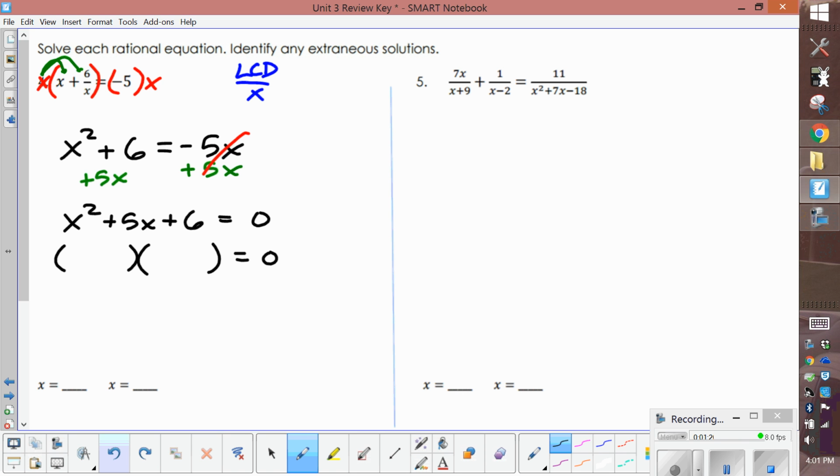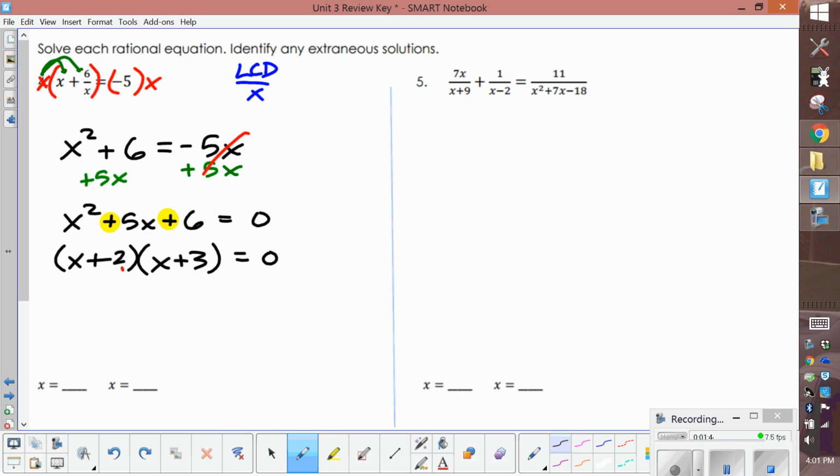The only leading terms that can be multiplied together to produce an x squared are x and x. I always like to focus on my signs next. I notice that they have to be the same and they both have to be positive, plus and plus. I'm looking for two numbers that multiply to 6 and add to 5. Those numbers are 2 and 3.